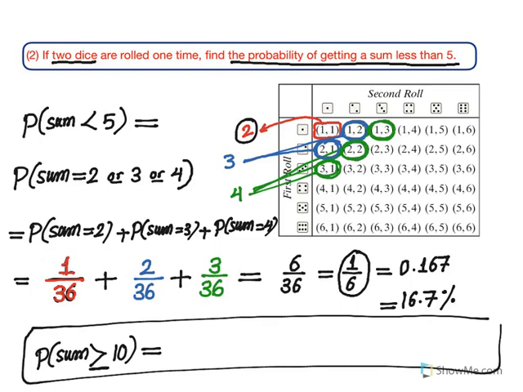Then where do they add up to 10? You have here 1, 2, 3, 4, 5, 6. So you can say it's 6 out of 36, which is again 1 out of 6, and it's done because you added all the possibilities. Now let me erase and ask another question.